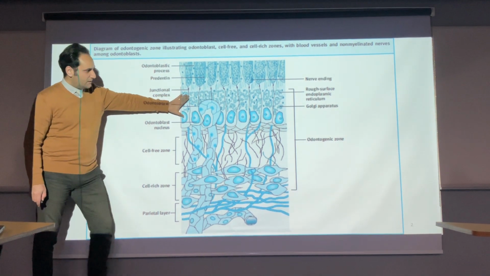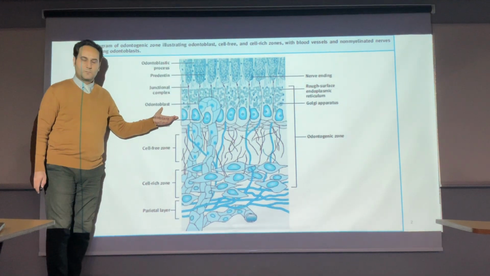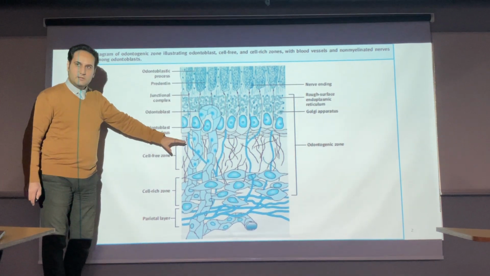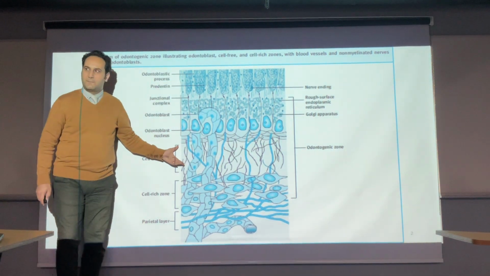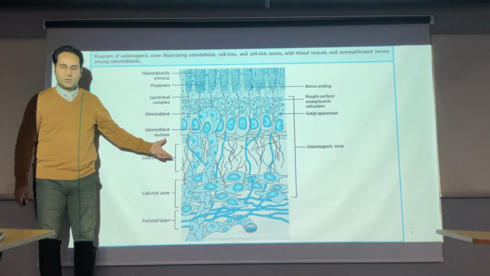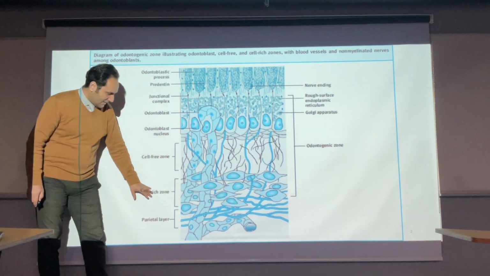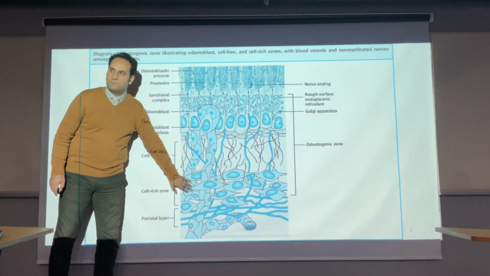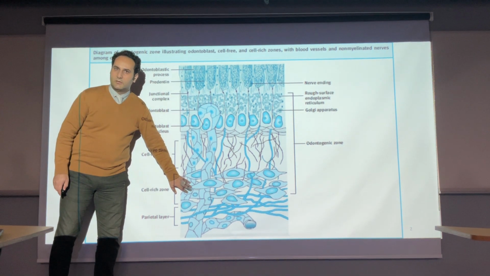In the outermost layer, we have odontoblast cells. A little in the inner side, here you can see, we have a gap. This gap is known as the cell-free zone. And in the innermost side, we have another layer, which is rich in cells.